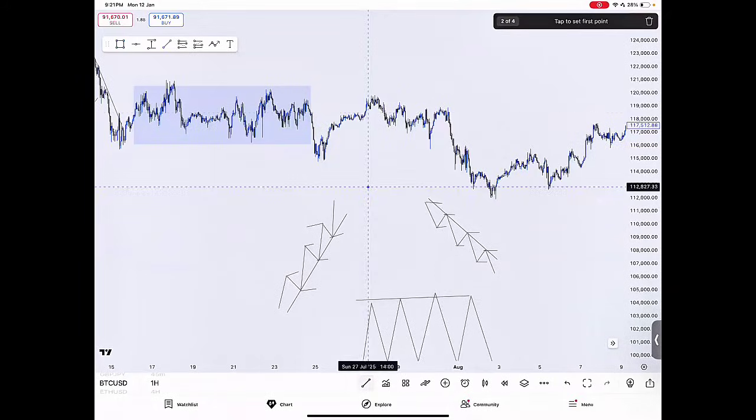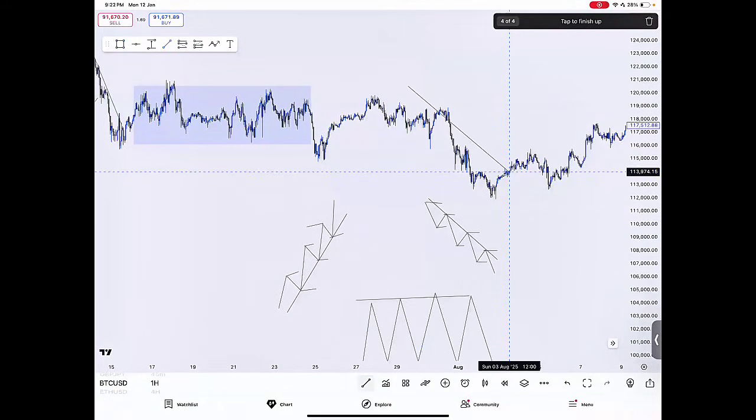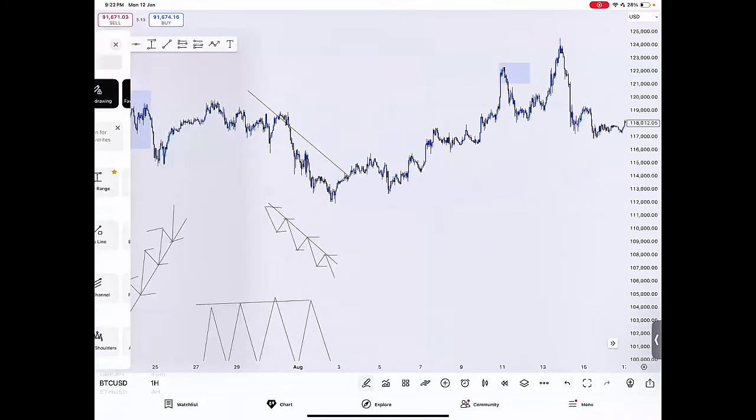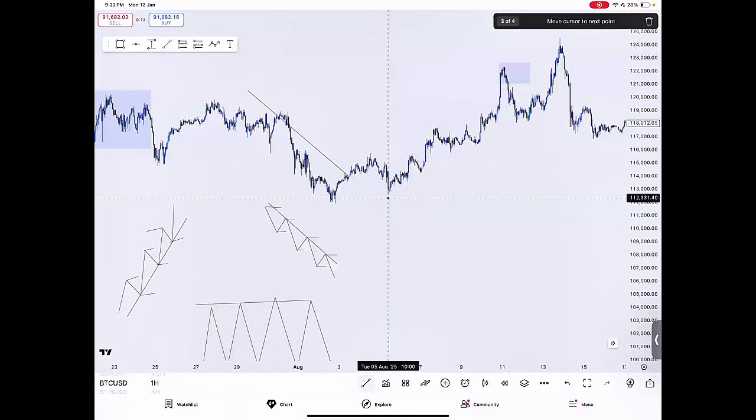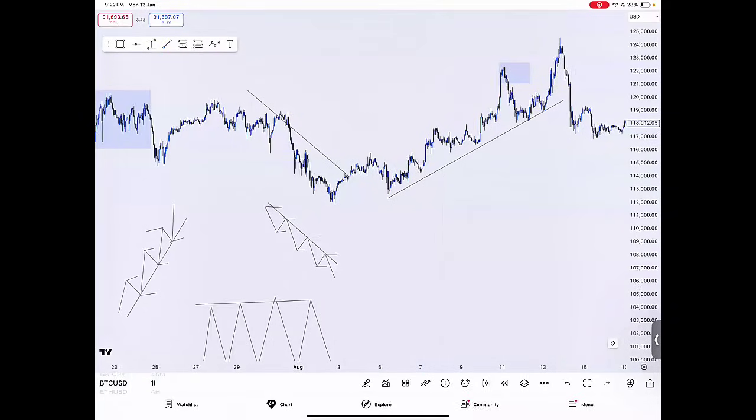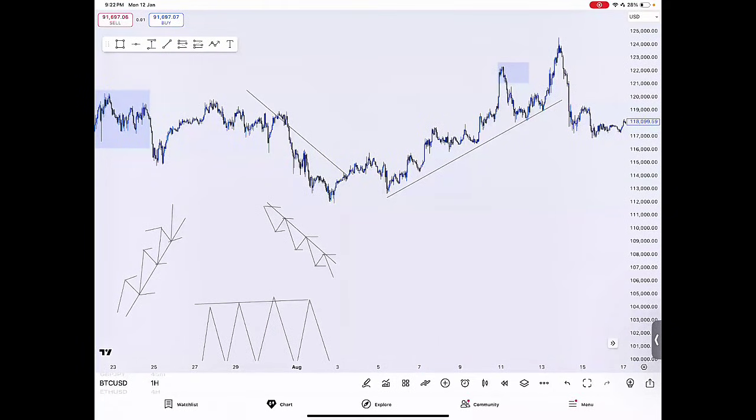It's always fixed with these three movement patterns. So these are the three basic introductions to market structure, the three basic ways that price makes its movements.